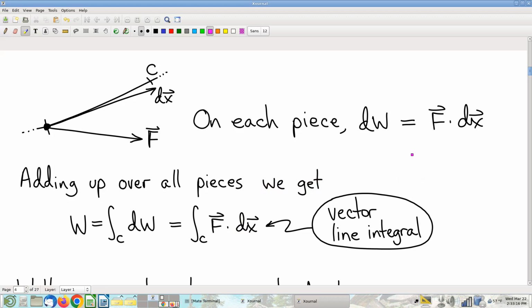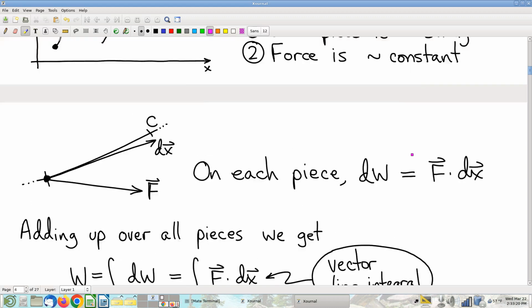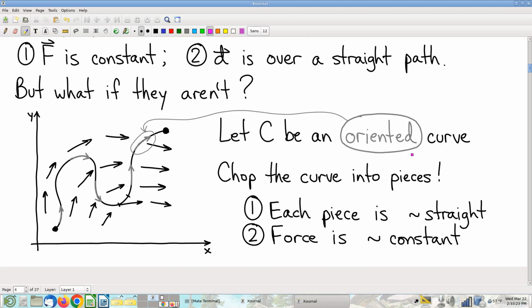Here's another aspect of this that's different. There's a hidden aspect, and that is that if you think of this as the question at hand, computing the amount of work that it takes to hike a certain path out in the woods, or to drive a certain road from one altitude to a different altitude, it really matters which way you're going. If you're walking on a hike, going uphill is a lot more work than going downhill.